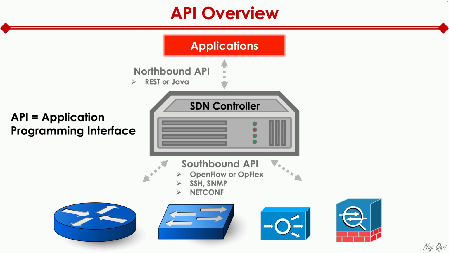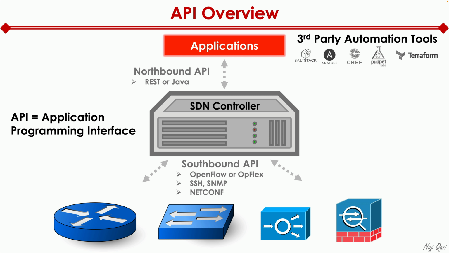And the whole idea here, guys, is if I have a browser on my laptop, for example, I can connect to the SDN controller. And when I do, using my browser, I'm actually using a northbound API to speak HTTPS, for example, and have GUI access into the controller. This is a very rudimentary form of a northbound API.